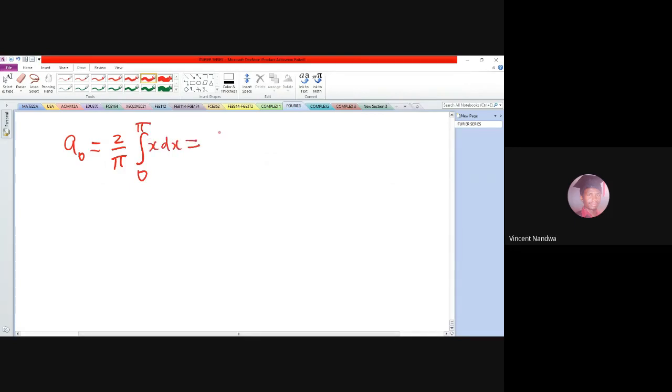When you work out the integration, you get 2 over pi, and then x squared over 2, from 0 to pi. Putting in the limits, you have 2 over pi times pi squared over 2, for the lower limit will be 0, and you simplify, you get pi.